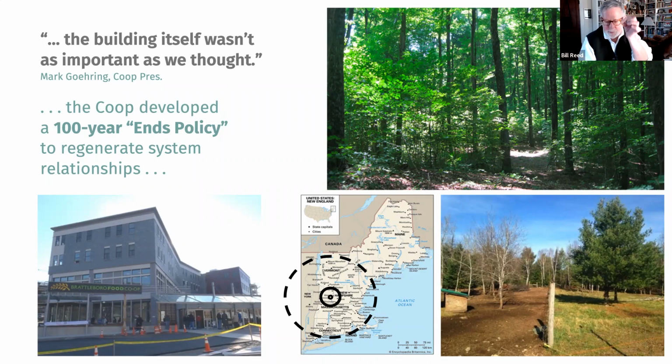Not only that, this little pebble in the water not only worked on the ecosystem and the food system in the immediate region around this town, but this diagram shows that other co-ops in the New England region asked the Brattleboro Co-op for help and assistance in developing the same kind of program with them. So this one little pebble became a rippling effect. And that's the power of regeneration, not just one building at a time, but nested systems of place and life expanding.